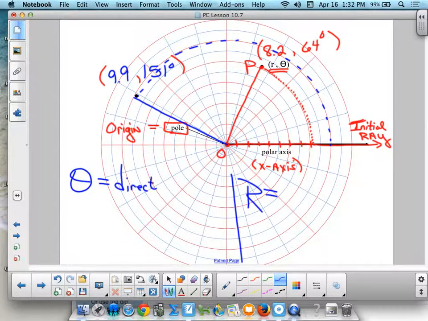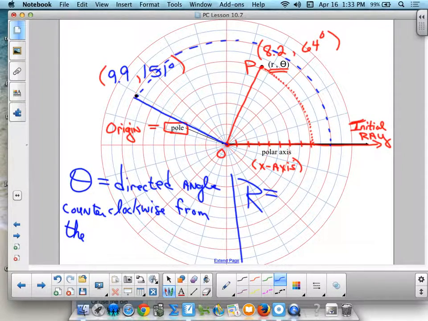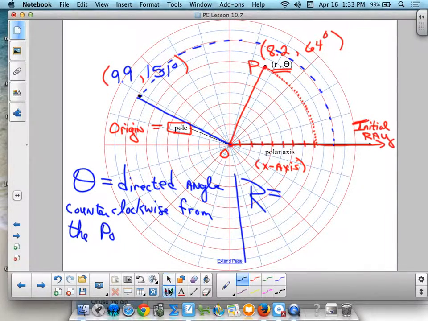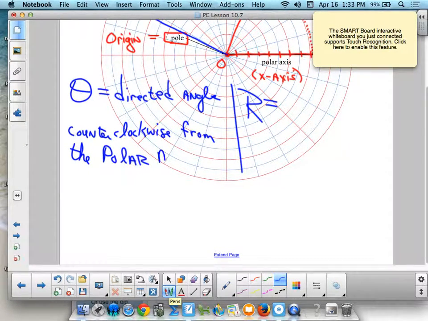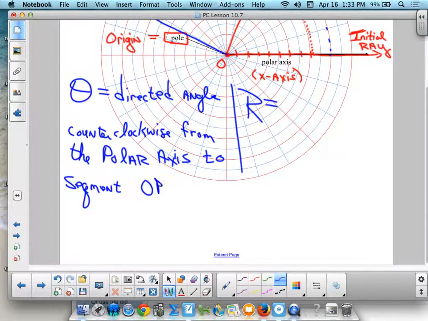Theta is the directed angle counterclockwise from the polar axis to segment OP.